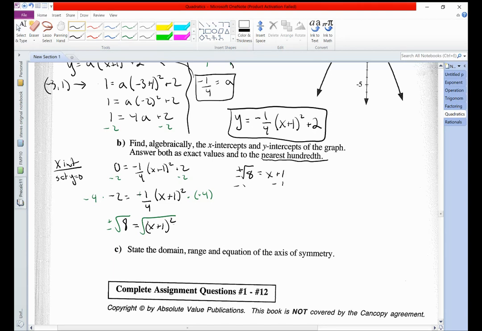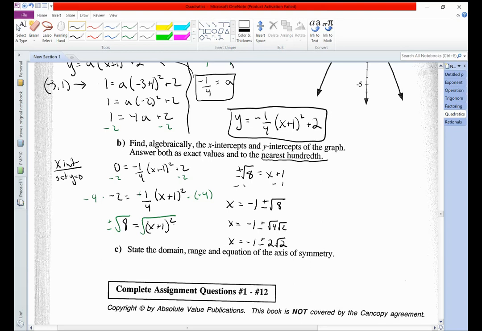So we're going to subtract 1 from both sides, and we get x is equal to negative 1 plus or minus root 8. Or if you remember your radicals, x is equal to negative 1 plus or minus root 4 root 2, and then x is equal to negative 1 plus or minus 2 root 2.